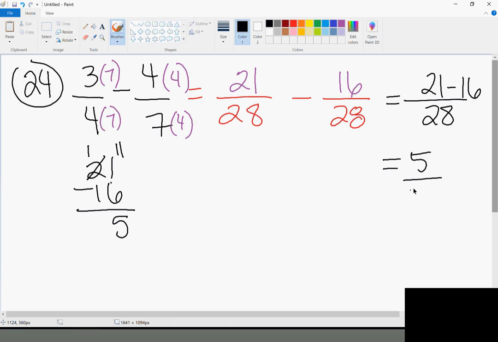So the answer will be 5 over 28. And it says to write it as a reduced fraction, so make sure that you have reduced this all the way. And we are good here because 5 and 28 don't have a common factor. So 5 over 28 is going to be your final answer.